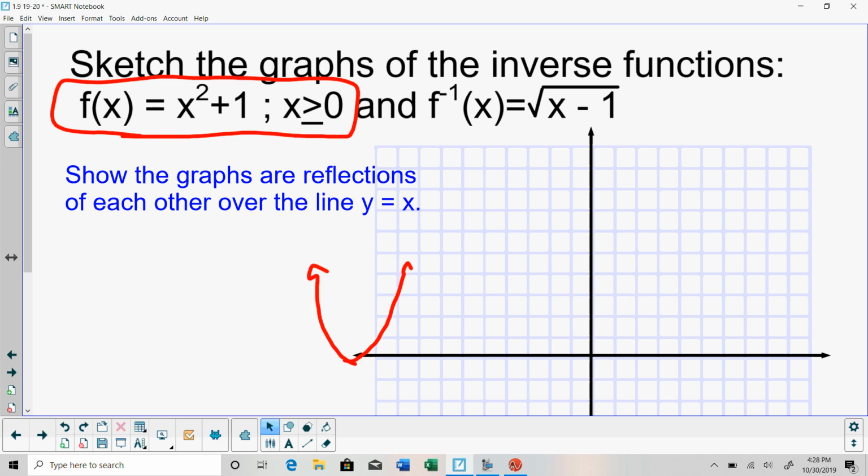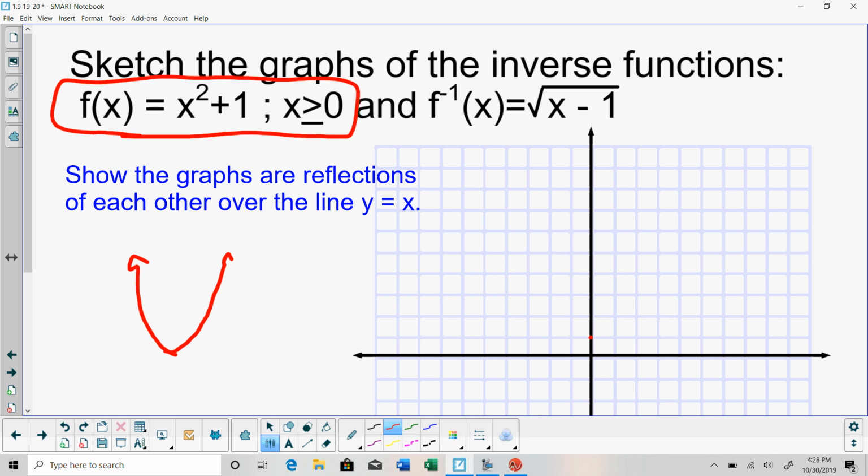So let's get some more accurate points. It's going to go through (0, 1), (1, 2). Instead of (2, 4), we're going to be at (2, 5), and so on. It'll go through (-1, 2) and (-2, 5). So the graph is going to look like this.